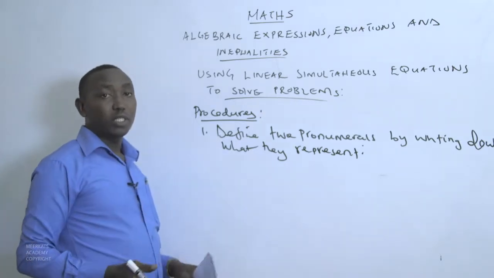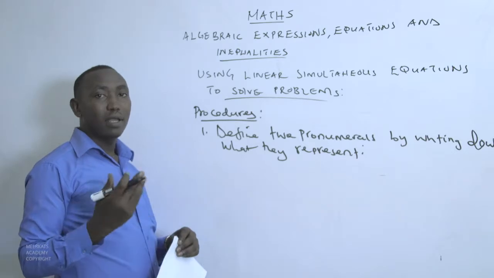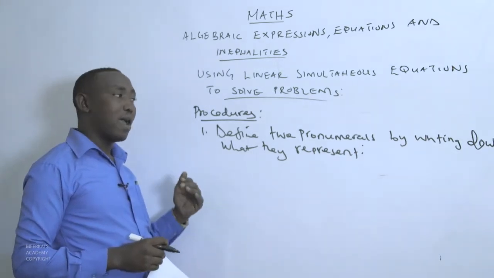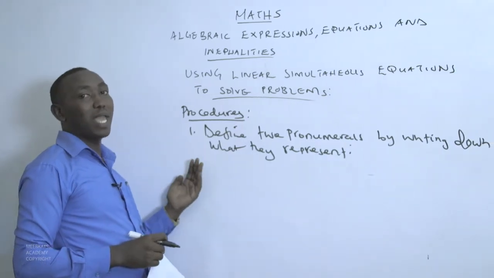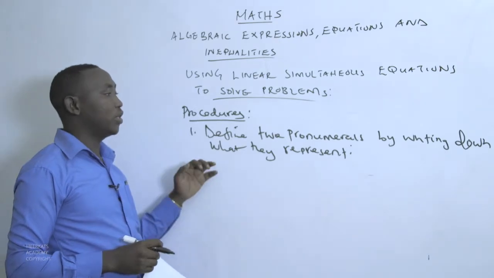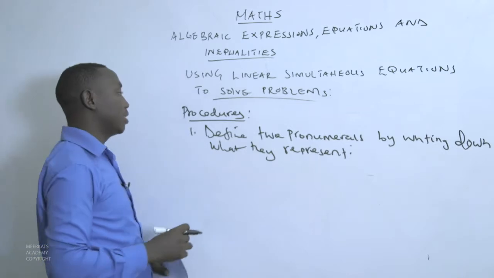Like if you're talking about the cost of maybe beans and maize, you can let C represent the cost of maize. You can let C represent the cost of beans. That's what you're talking about, defining or setting up two pronumerals.